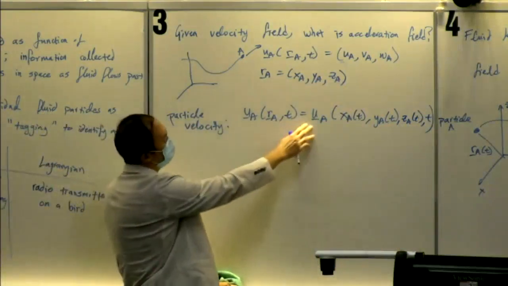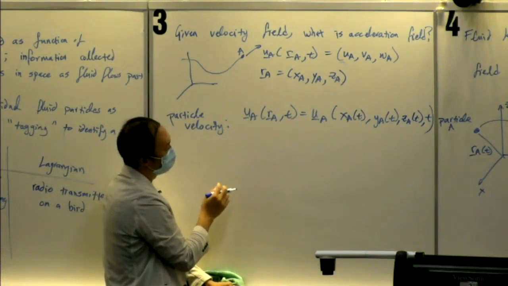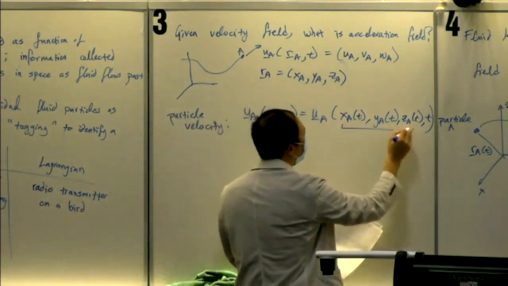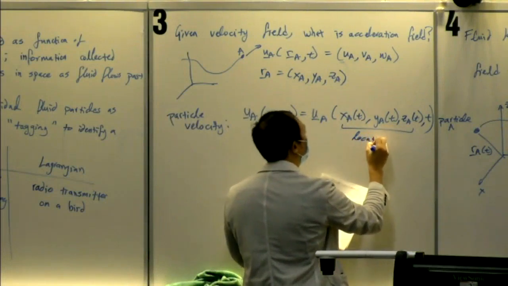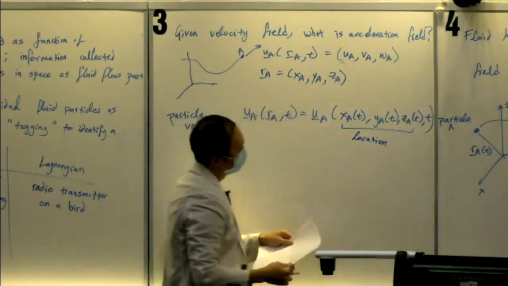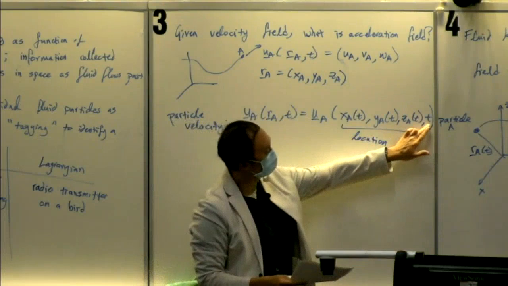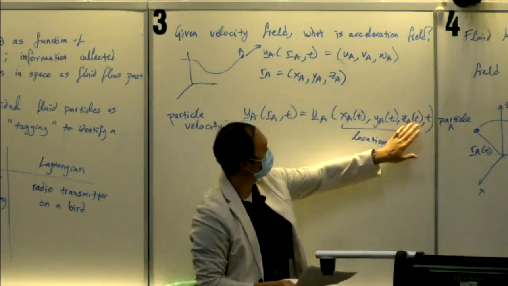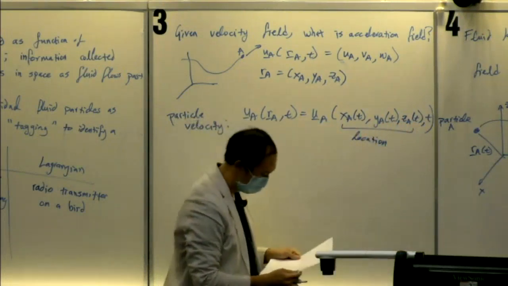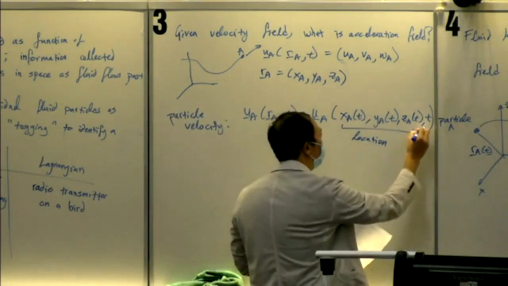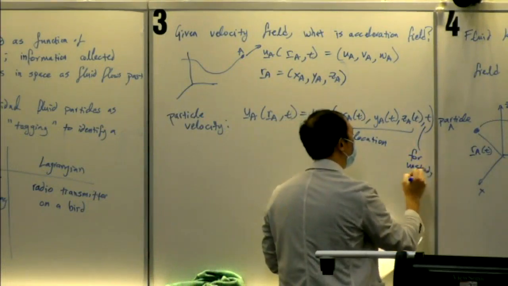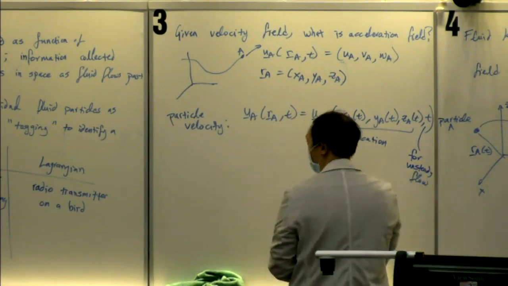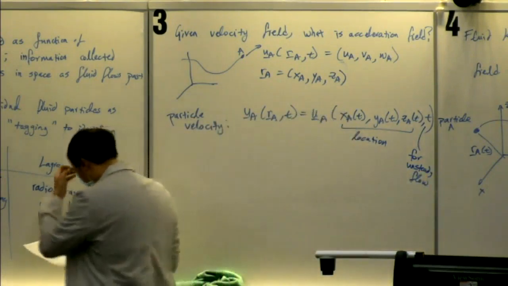The velocity of this particle A is a function of where it is in space. This is the location. And it's also a function of time. So those are two functions: one just of time, and one of where it is in space. And we need this one for unsteady flow, things that are, just like in the warm-up problem, a function of time.